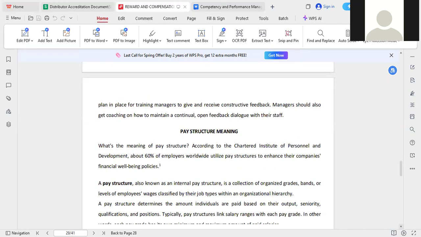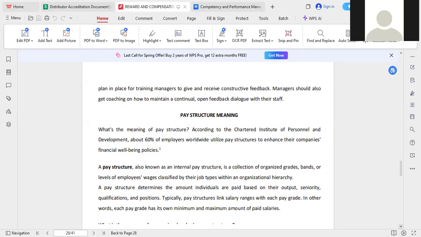According to the Chartered Institute of Personnel and Development, about 60% of employers worldwide utilize pay structures to enhance companies' well-being. So a pay structure is an internal system. It's a collection of organized grades, bands, and levels of employee wages classified by their job types within the organization.